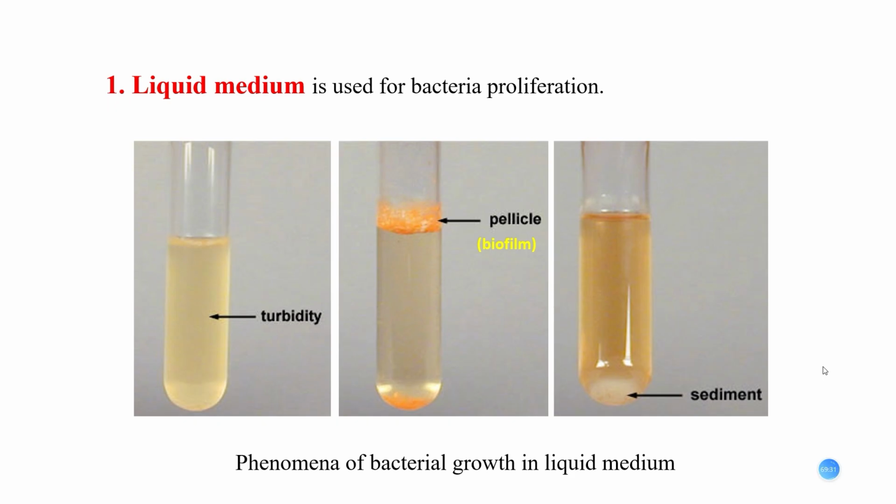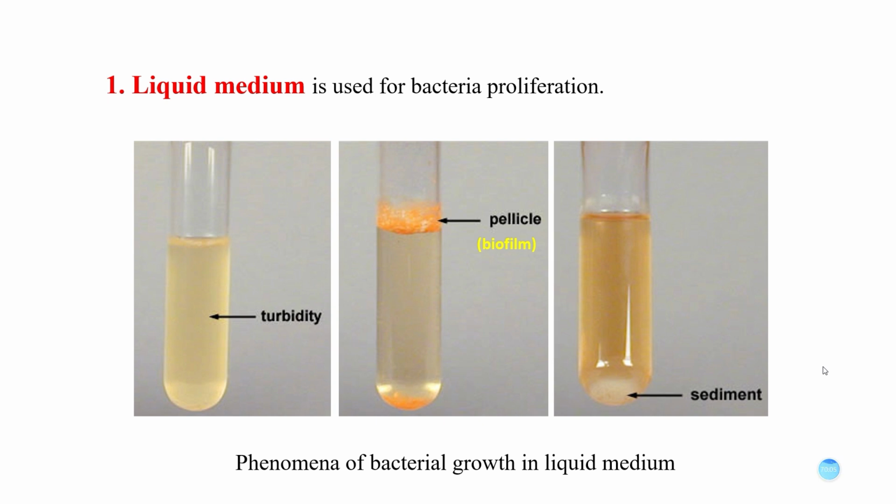It's liquid, so it flows, and we don't add any agar or any solidifying component in it, and it supports the bacterial proliferation. But in the liquid medium, the bacteria can grow in different ways.